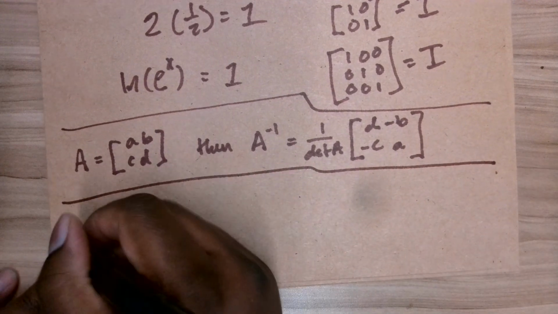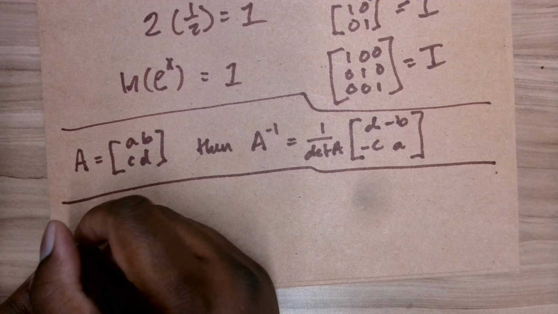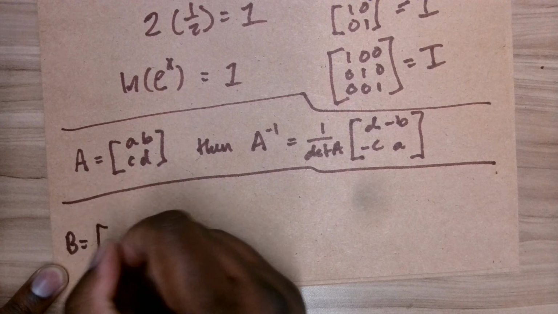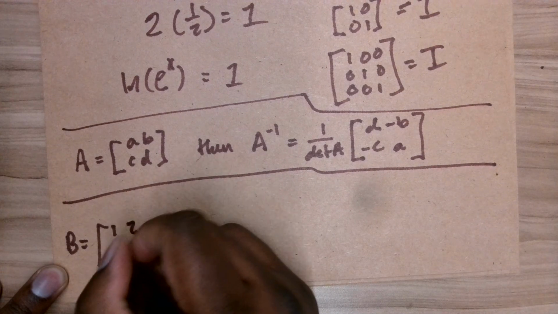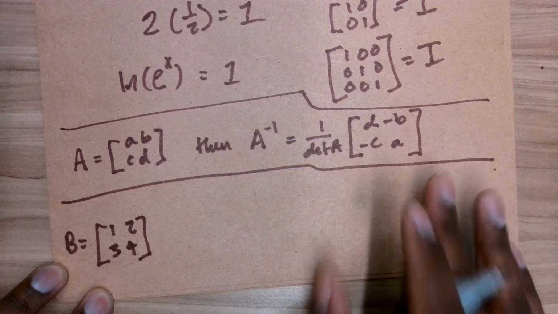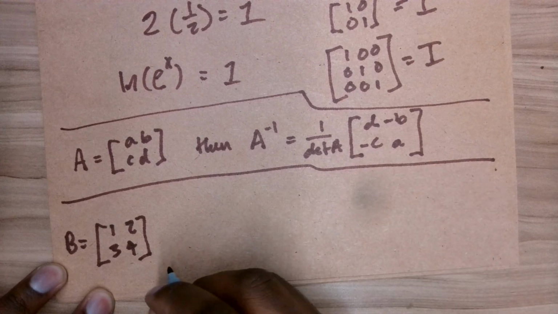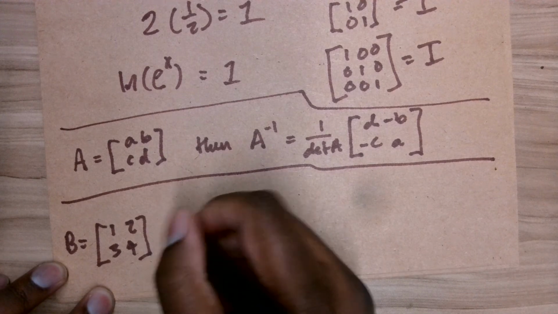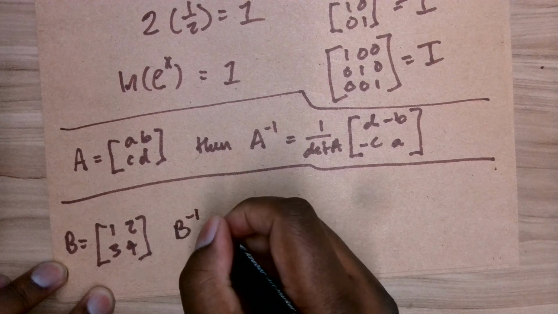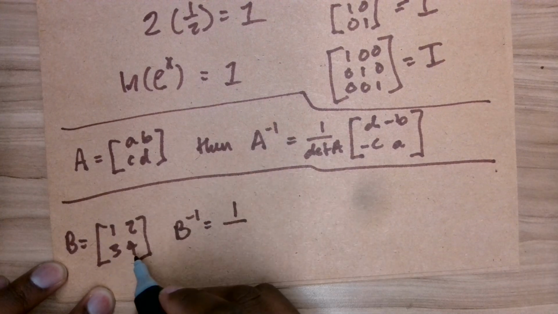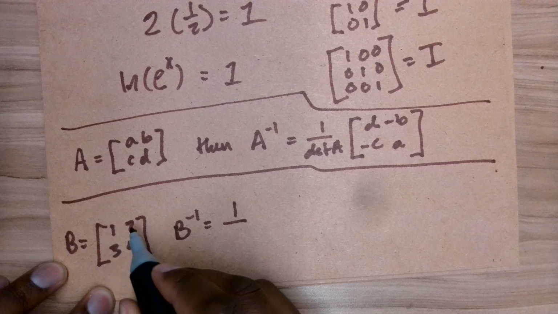So let's say we have the regular 1, 2, 3, 4 matrix. I could have picked something better, but it is what it is. To find B inverse, it's going to be 1 over the determinant, which is 1 times 4 minus 3 times 2.